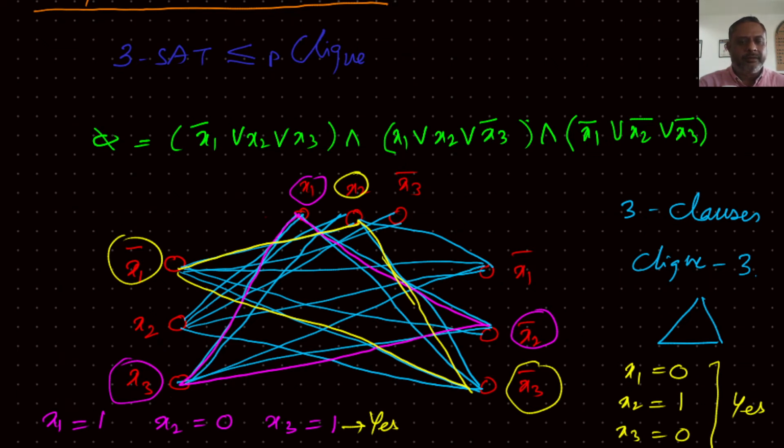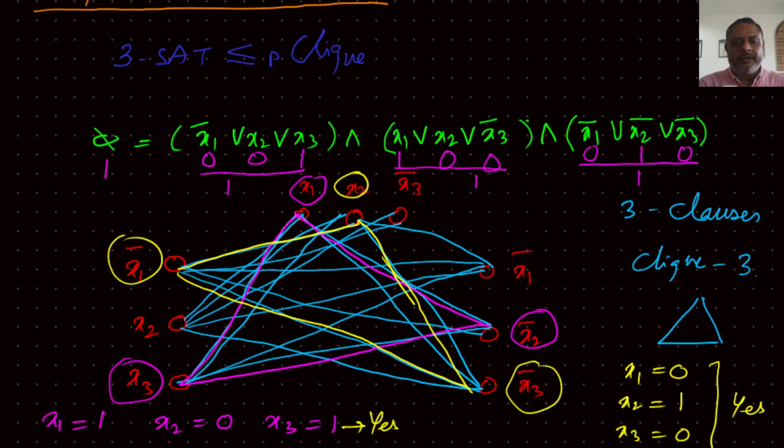First let us try this. x1 is 1, so x1 bar is 0. x2 is 0, so x2 bar is 1, and x3 is 1, so x3 bar is 0. In each clause, one of the literals is true, so each clause is 1. 1 and 1 and 1 makes the formula true.